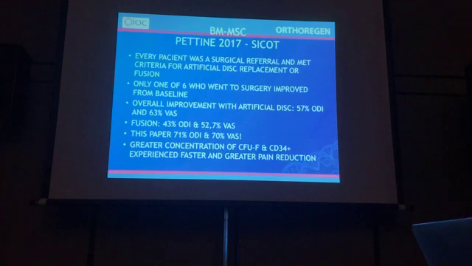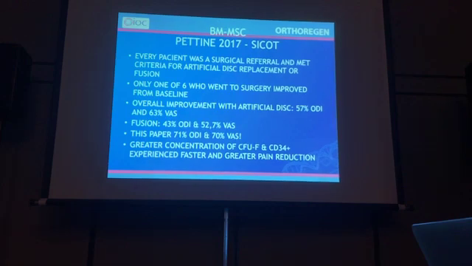And with this paper, he got 71% ODI improvement and 70% in the visual analog scale. And that's fantastic. He related that the patients that improved more had a higher concentration of CFU and the presence of CD34, which are the hematopoietic cells.